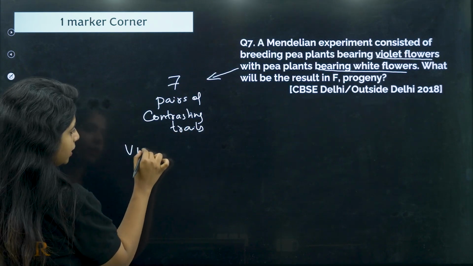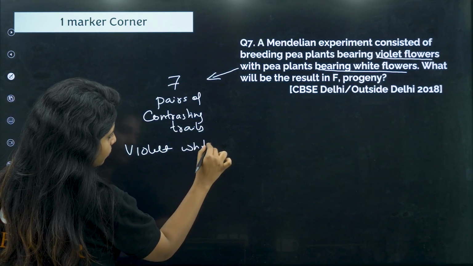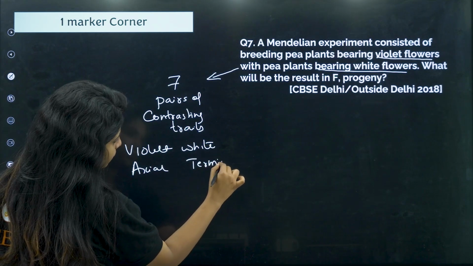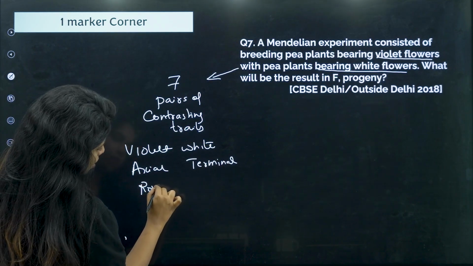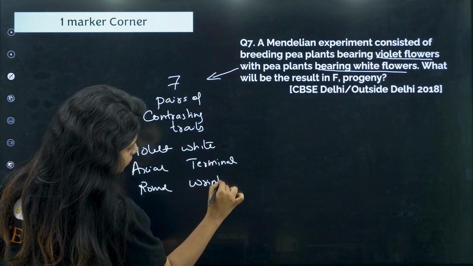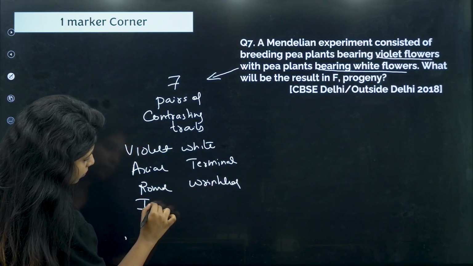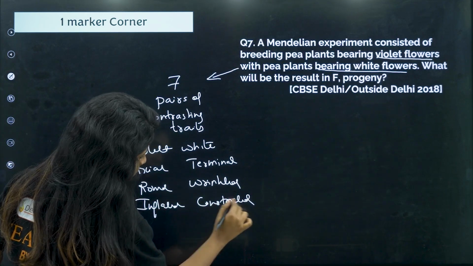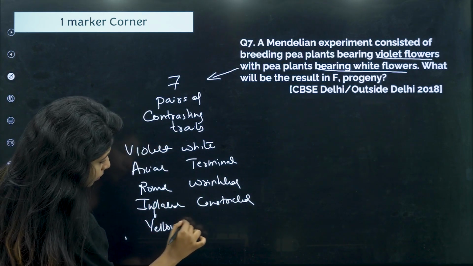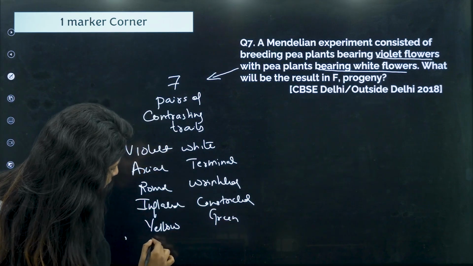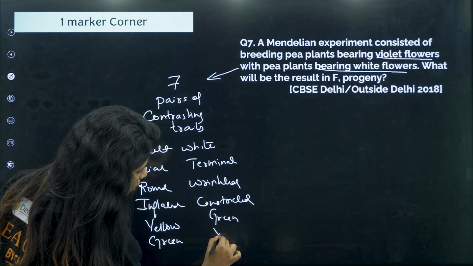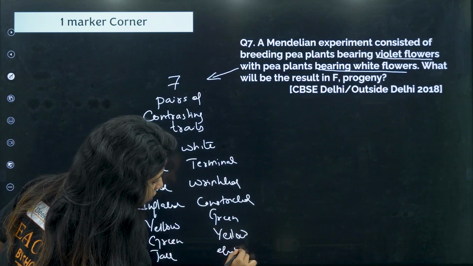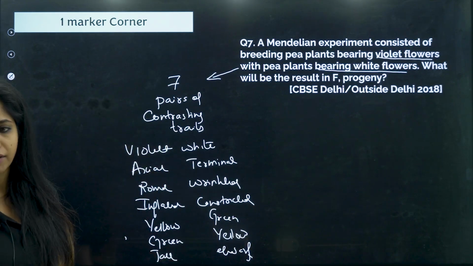For example, violet, white, axial, terminal, round, wrinkled, inflated, constricted, yellow, green, green, yellow, tall, dwarf. These were the 7 pairs of characters.